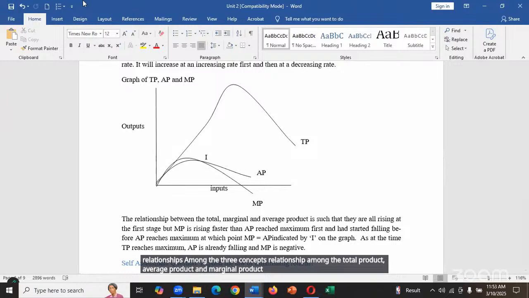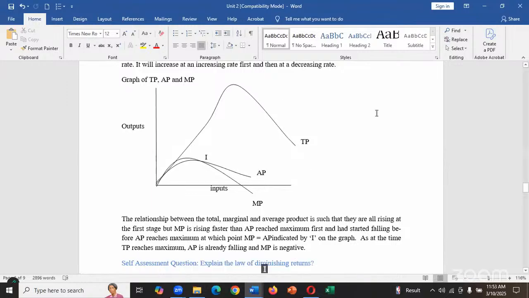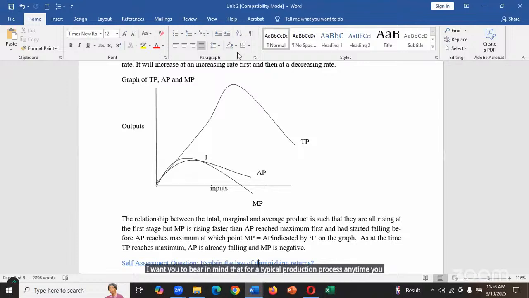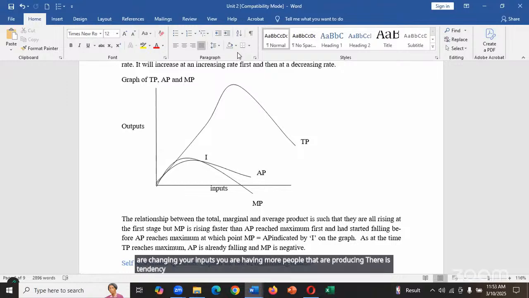Now, if you are noting down, bear in mind that for a typical production process, anytime you are changing your inputs, you are adding more people that are producing, there is a tendency that the total output will be increasing. That is at the first stage.